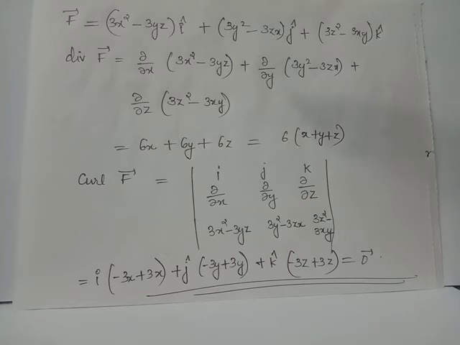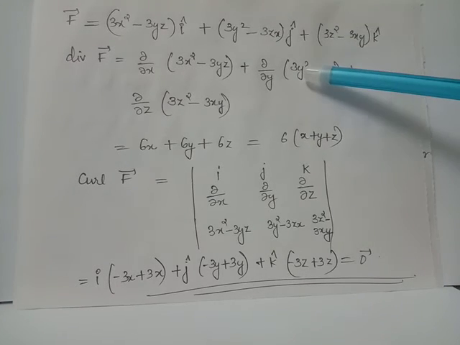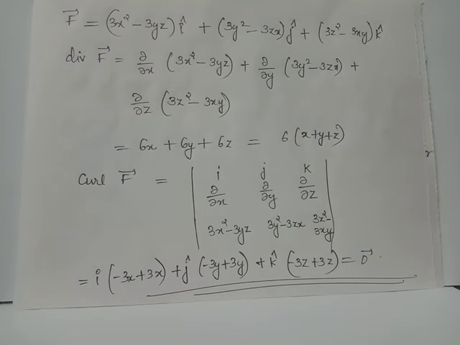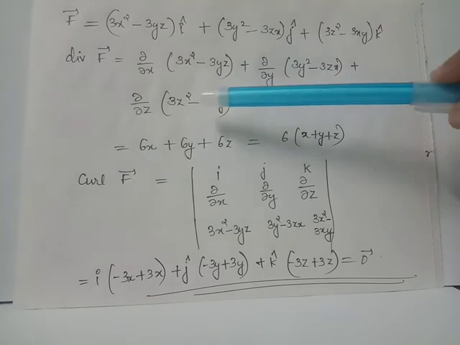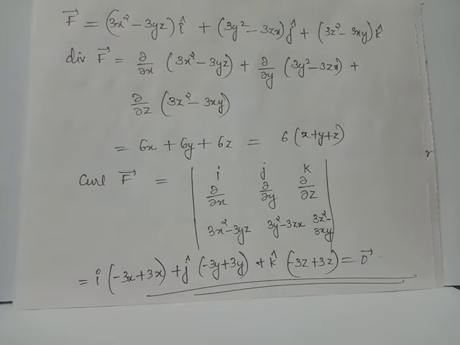Partial derivative of f1 with respect to x will give us 6x. Partial derivative of f2 with respect to y will give us 6y. Partial derivative of f3 with respect to z will give us 6z. Therefore, the divergence of this vector function will be 6 times (x plus y plus z).